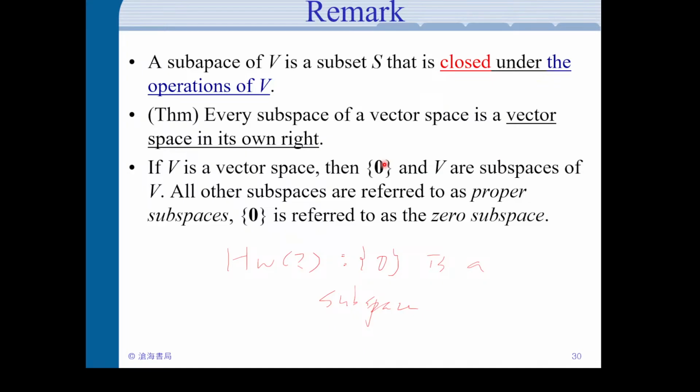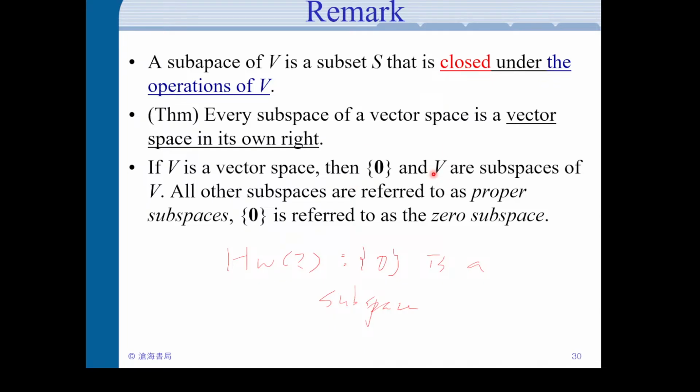And another subspace is where you pick everything. The set of everything is a subset of your full set. Because V is a vector space itself, if you pick V as a space, it's still a vector space.